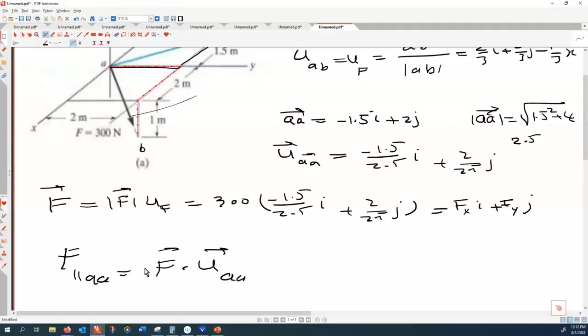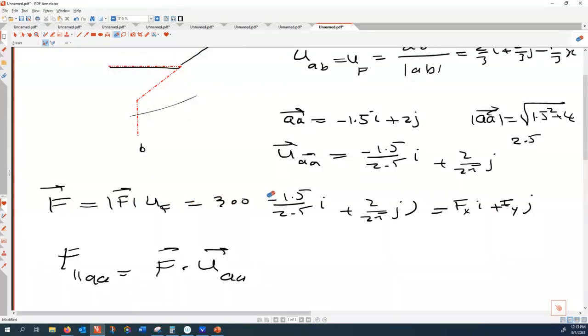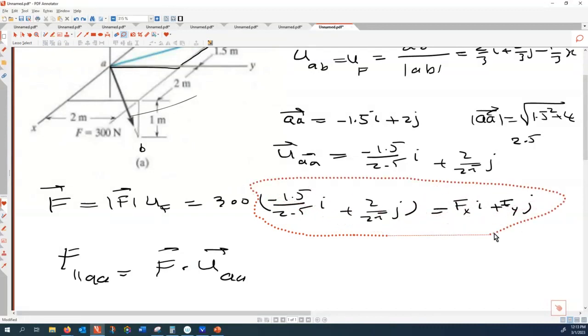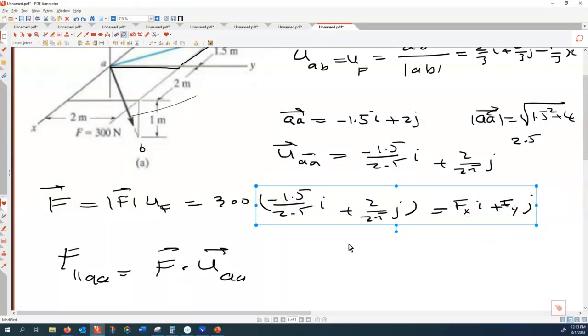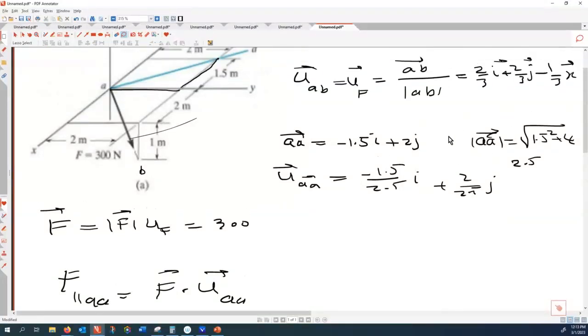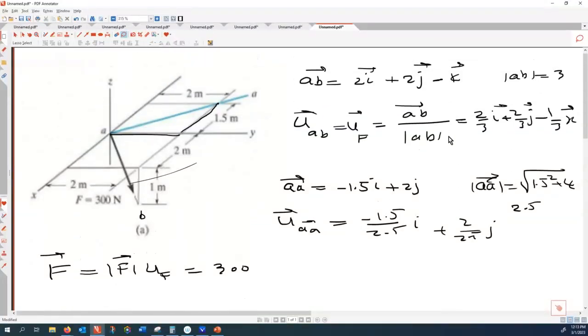Oh, yes, yes, you're right. I made a mistake. Well done, Chesa. This unit vector of F is not that of AA. This is AB. Thank you, Chesa. That is the unit vector of AB. You are correct. Yes, thank you for that.